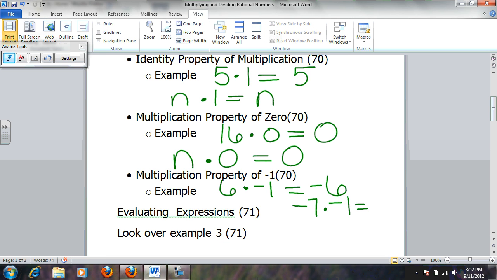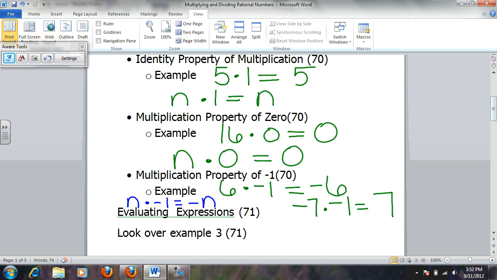Not as confusing, I get positive 7. So a general example, a number times the opposite of 1 will equal the opposite of that number. Not necessarily the negative, because if I start with a negative number, my product will end up being positive. Those are the 3 main properties of multiplication that we're looking at today.